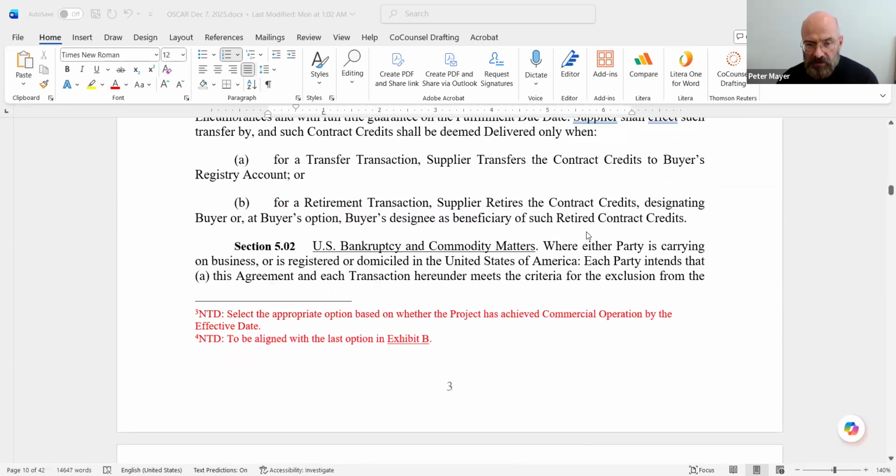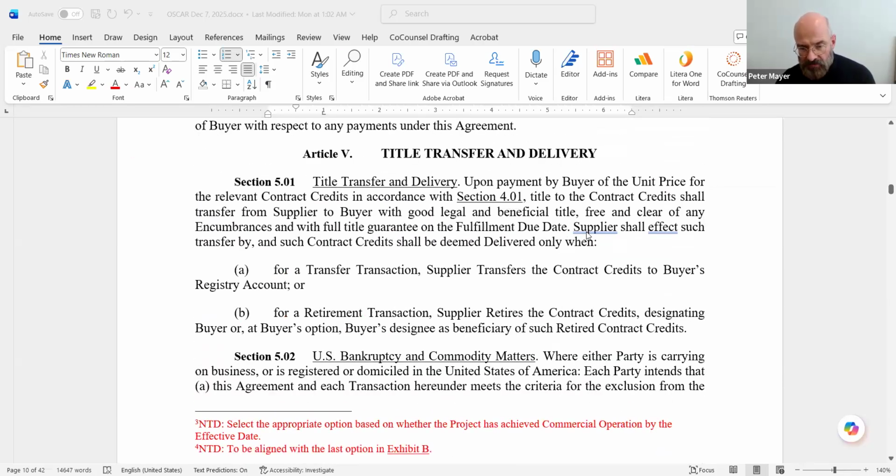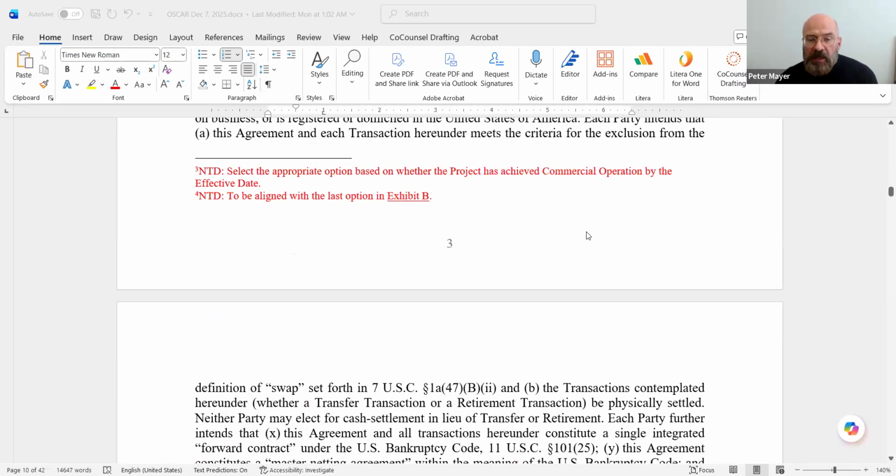And there's an exhibit at the end of the agreement where the parties can check the box as to whether this is a transfer transaction or a retirement transaction.